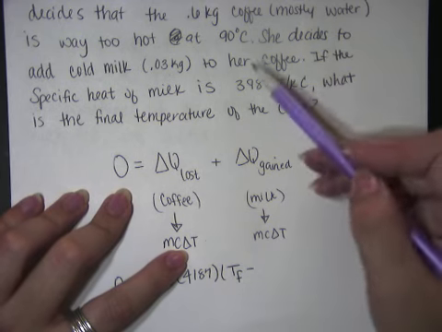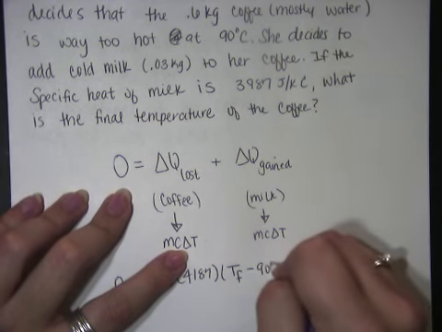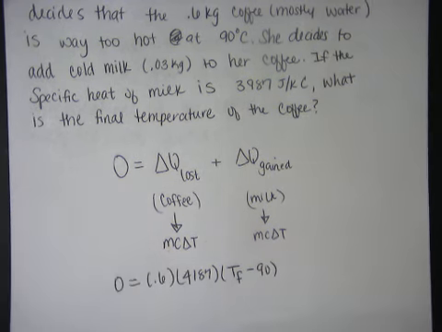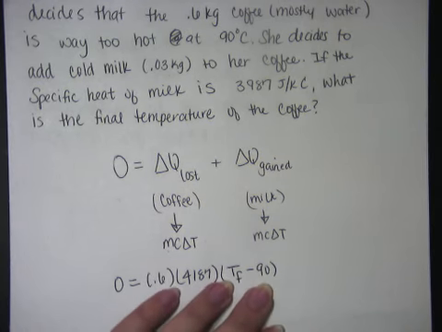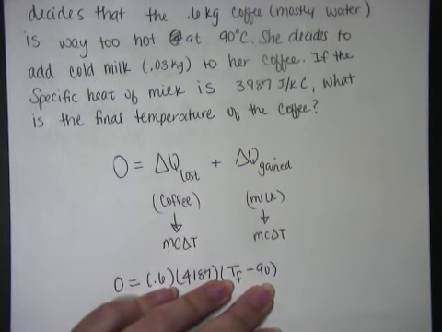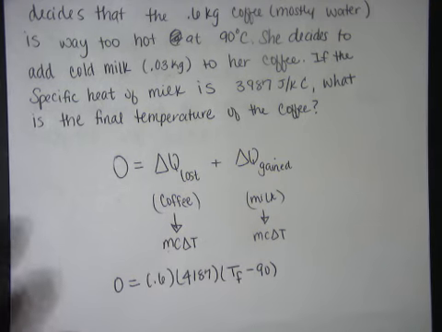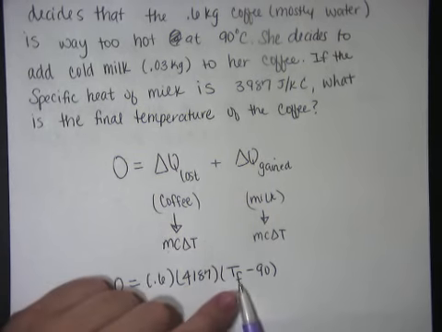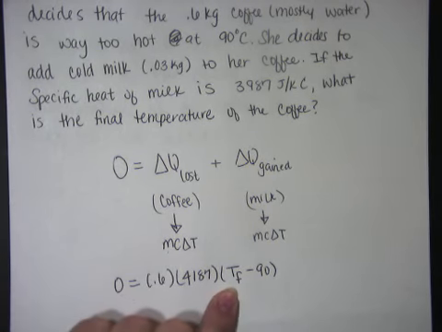Now the initial temperature of the coffee is given, and that is 90 degrees. Okay. This is how to calculate the energy of the heat lost by the coffee. And remember that if you leave your coffee sitting there long enough, eventually the coffee and the milk will have the same final temperature. They reach equilibrium.